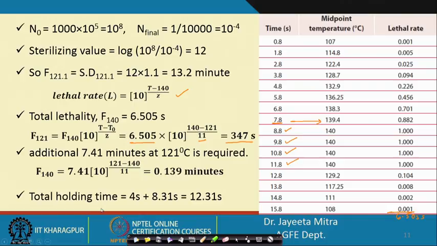So, the total time will be the 4 seconds that we have held it plus the 8.31 seconds that we are getting from here.